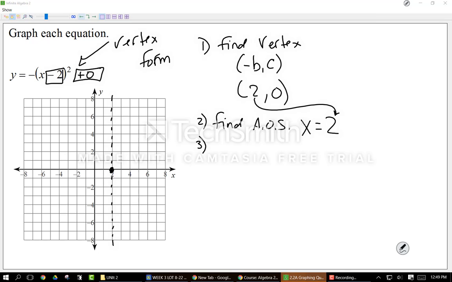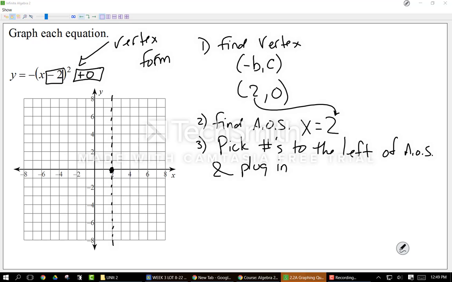The last problem I did to the left. This problem I'm also going to do to the left. So I'm going to pick numbers to the left of AOS and plug them into the x value of my equation. I'm plugging in 1 because that's to the left of 2.